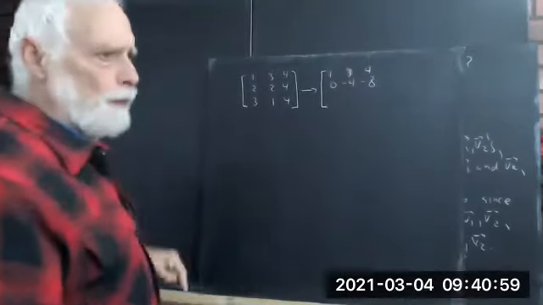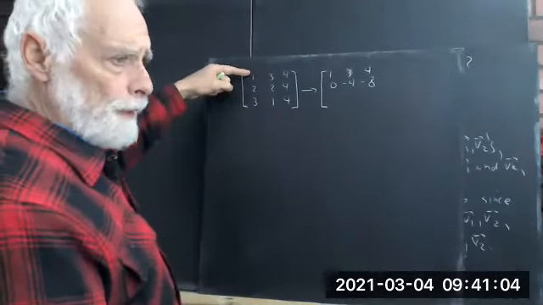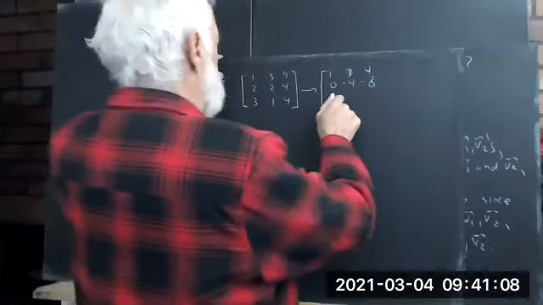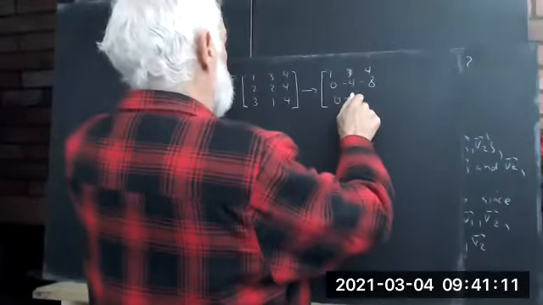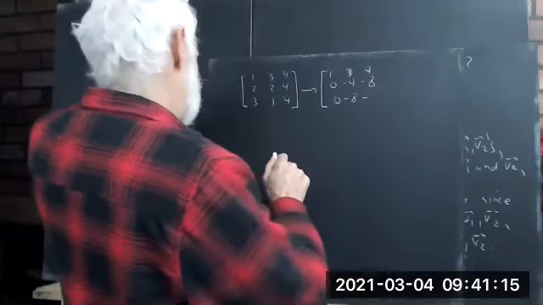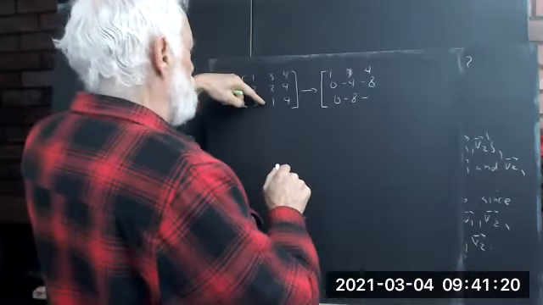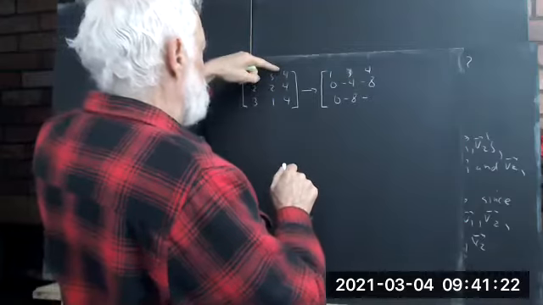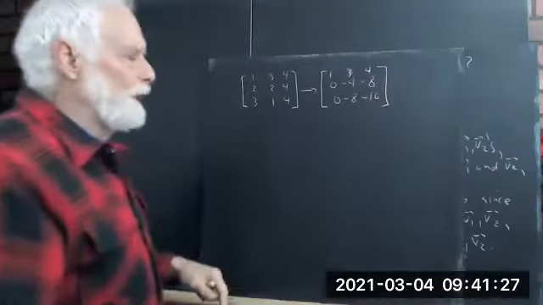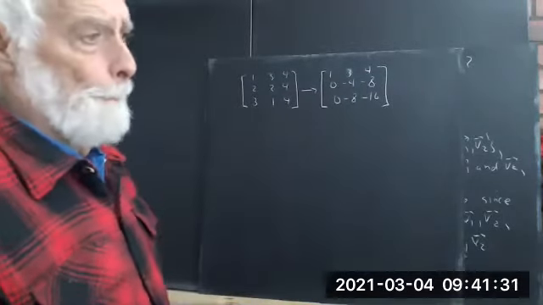Get 0, -4, -8. And then we can add -3 times the first row to the third. And we're going to get 0, -8, not -8. 3 times that is 9. Yeah, it is. 3 times that. Yeah, okay. We do get -16 somehow. Wasn't seeing the -16. Okay, we get this.